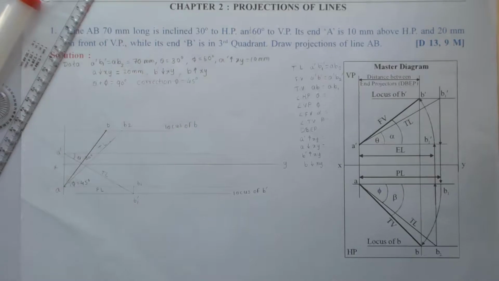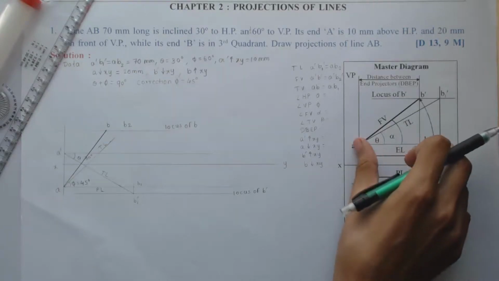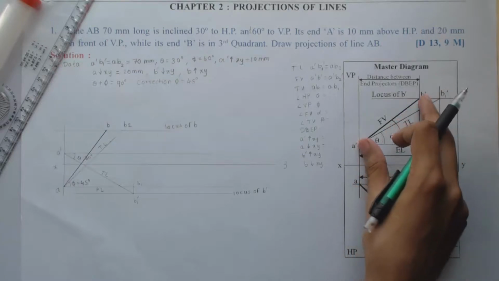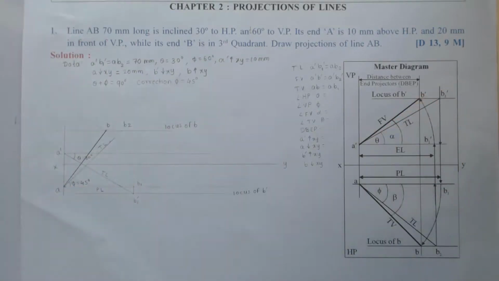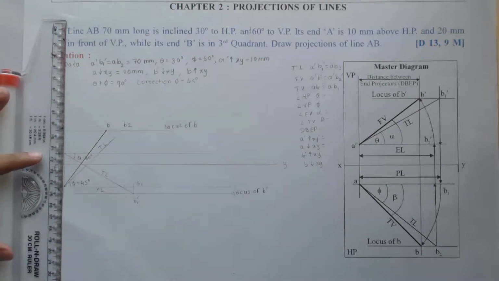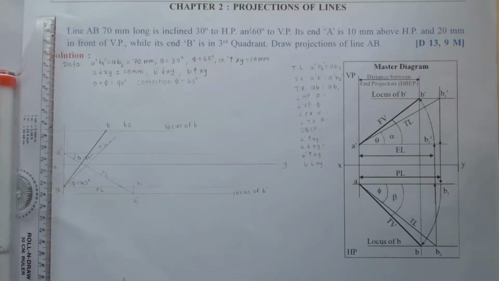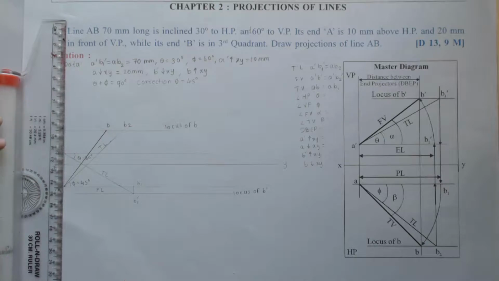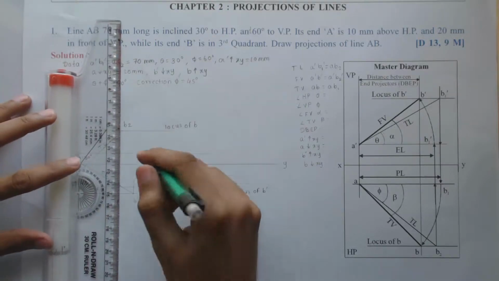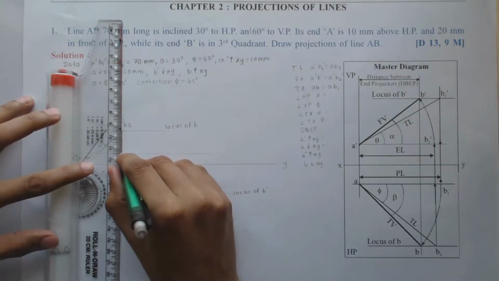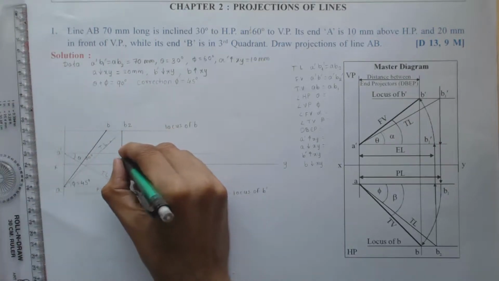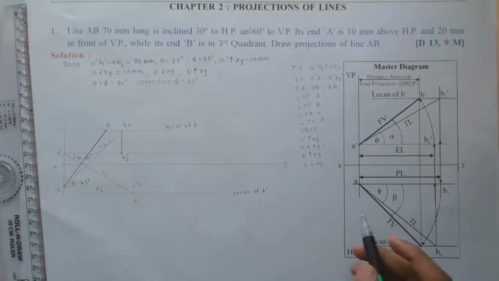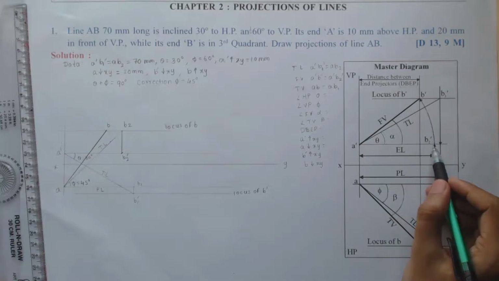Okay. Same way, I can drop a projector from B2 up to the horizontal line passing through A dash to mark B2 dash, which will give me elevation length, which can be again rotated up to locus of B dash to get the final position of B dash. So again, I can produce B2 up to a horizontal line passing through A dash. That means I need to project just this much. So from B2 I can locate this point, which is B2 dash, similar to the master diagram B2 dash.